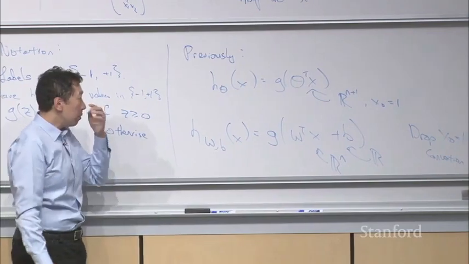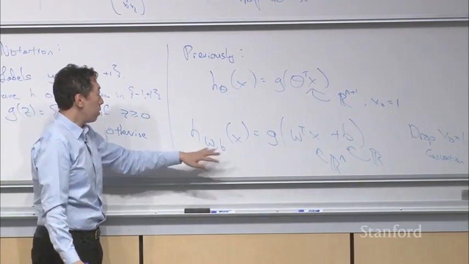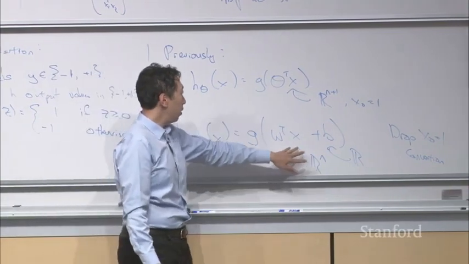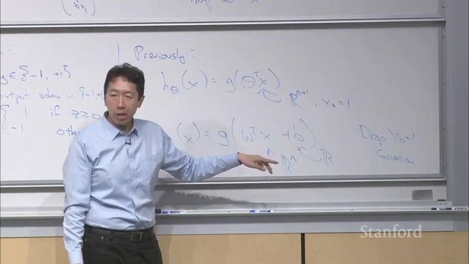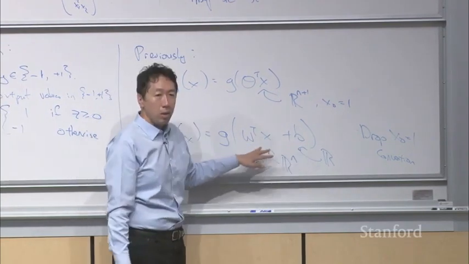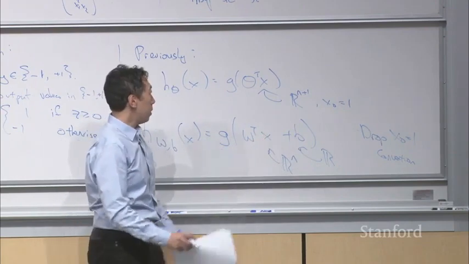The parameters of the SVM will be the parameters W and b, and the hypothesis applied to x will be g of this, and we're dropping the x0 equals 1 constraint. So separate out W and b as follows. This is the standard notation used to develop support vector machines.